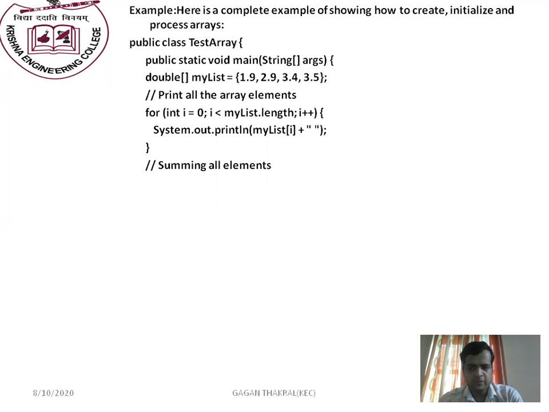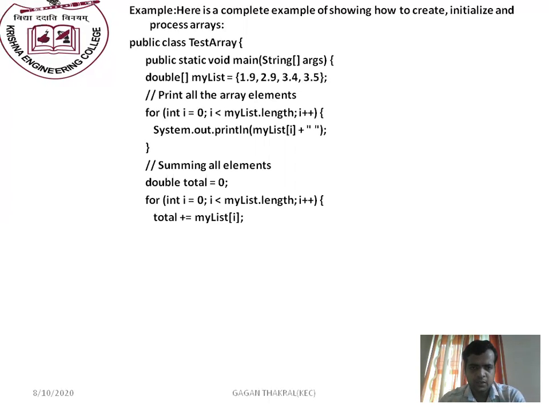Now what we want to do, we want to perform summation of all the elements of an array. So we take a double type variable total, and we initialize it with the value 0. Now we again run the loop for i = 0, i less than the length of the array, and i++.